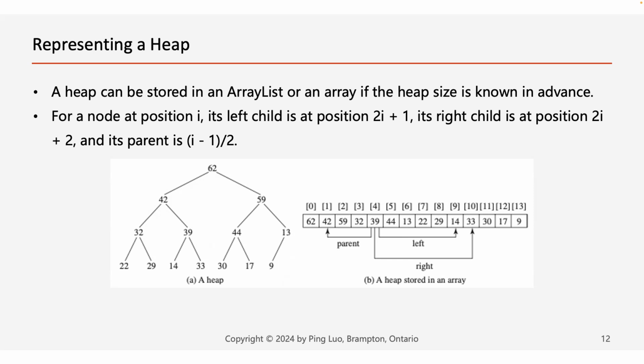If it's complete, there's only one cell missing, and if there's a number there, it should be put all the way at the end. But if it's not complete, something might be missing in the middle, and we cannot use this formula to get its children and parent.